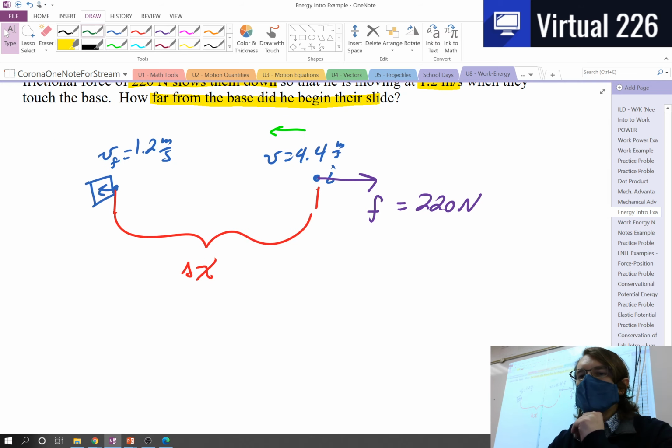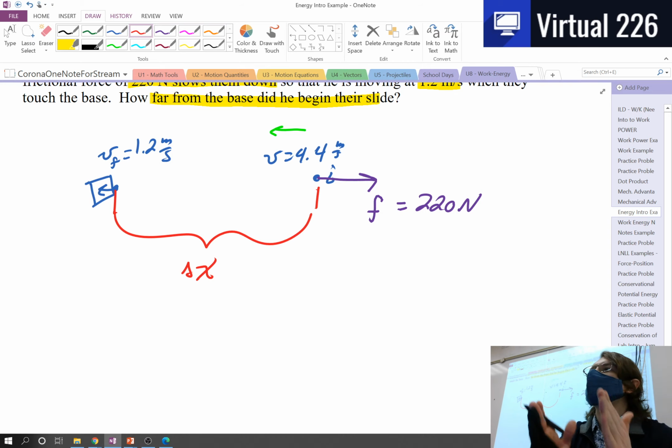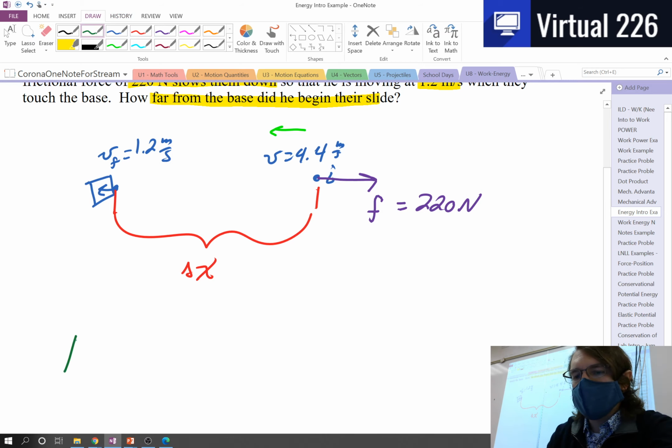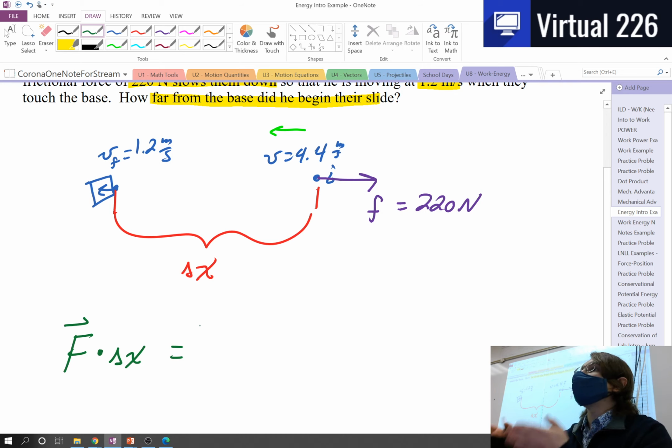So, if we think about our work energy equation, we know that some work is going to be equal to a change in kinetic energy. So, with our equation, F dot delta x, this is going to be equal to 1/2 m final velocity squared minus 1/2 m the initial velocity squared.